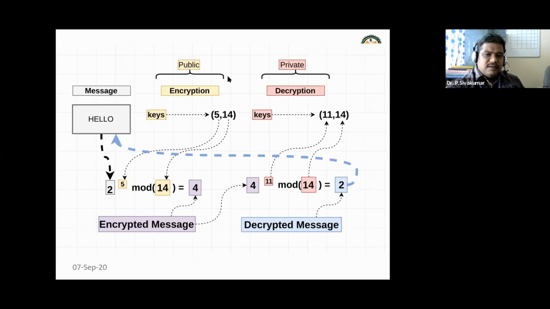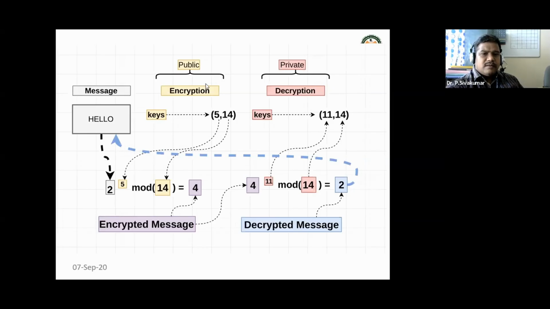This was one simple explanation. Try to understand by looking at this figure. The message is hello, with the value 2. First, a pair of keys is generated: public key (5,14) and private key (11,14). In the encryption process, the hello message is represented by 2.